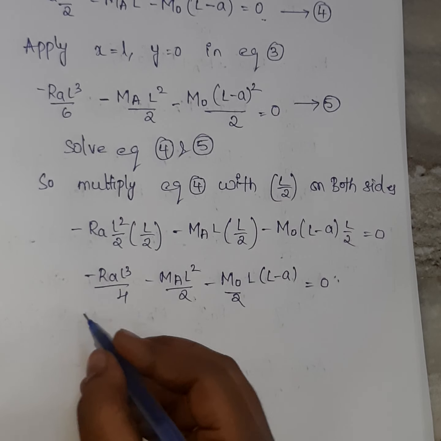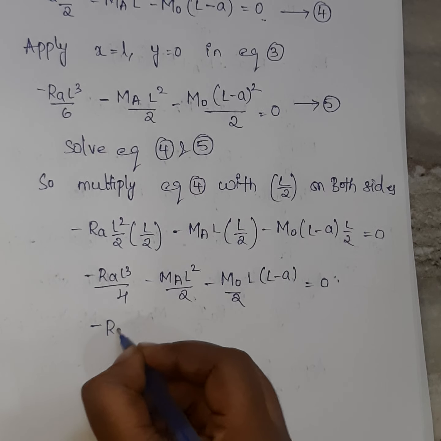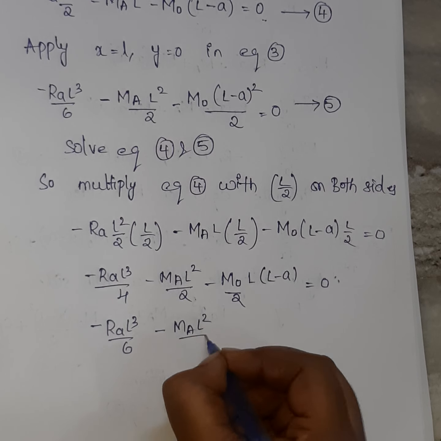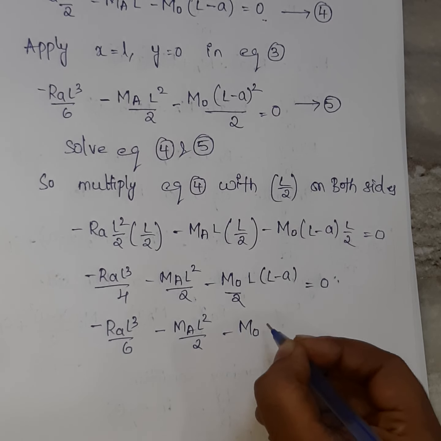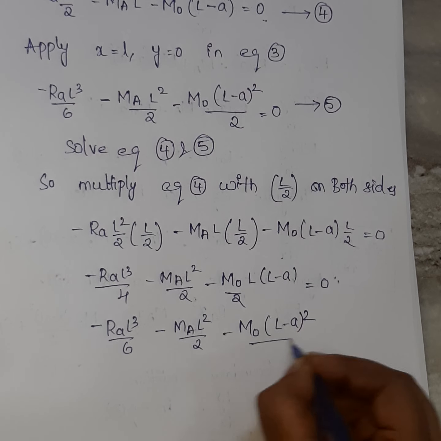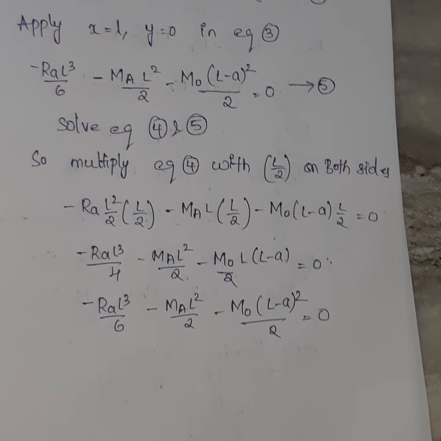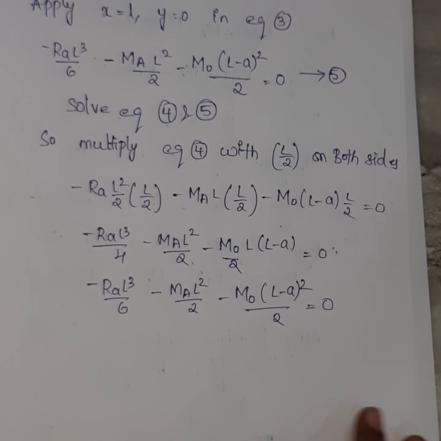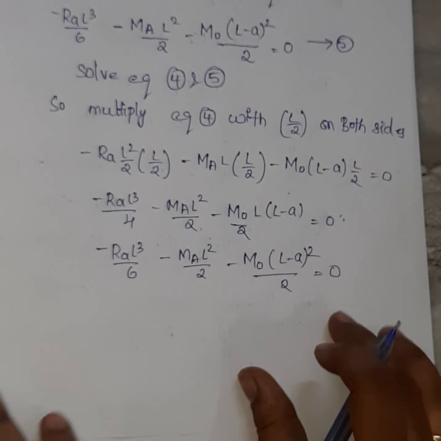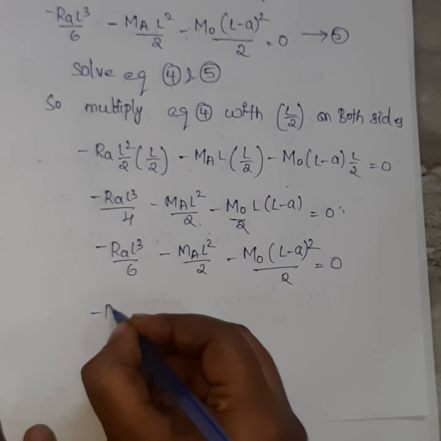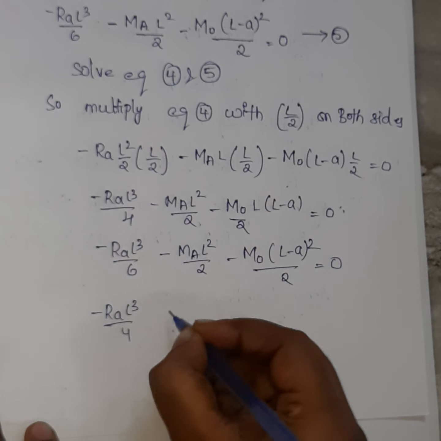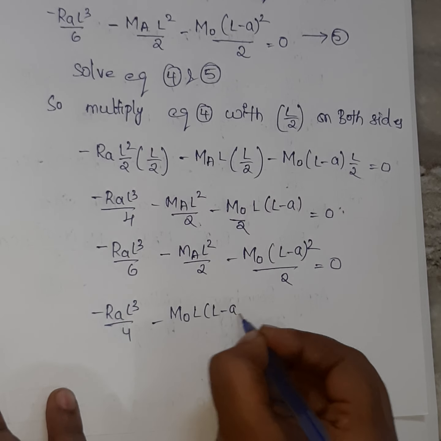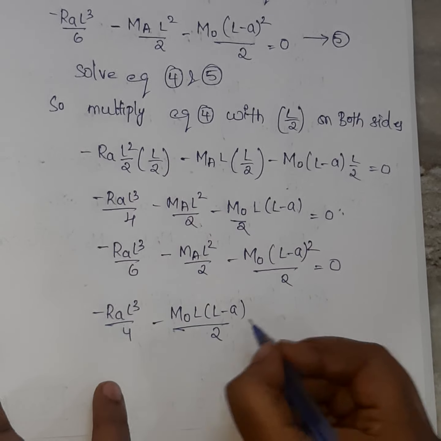What is the fifth equation? It is minus RA L cube by 6 minus MA L square by 2 minus m naught L minus A whole square by 2 is equal to 0. On solving this equation, I am writing minus RA L cube by 4 minus m naught L into L minus A by 2, and the MA L square by 2 term I am taking onto the right side.